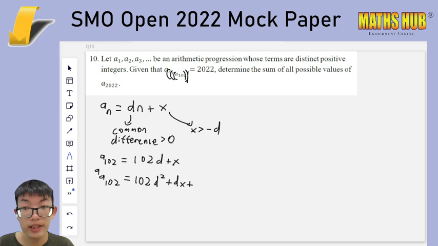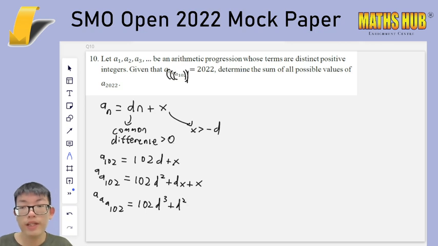Sorry, not plus d plus x. So you do this again, you get 102d cubed plus d squared x plus dx plus x again. And then finally the 4th layer. There's not much mystery here anymore.